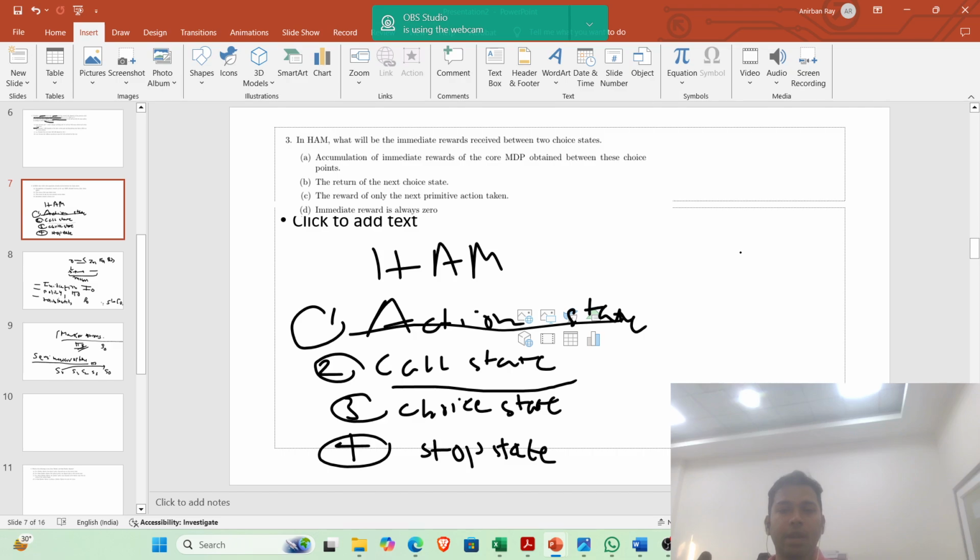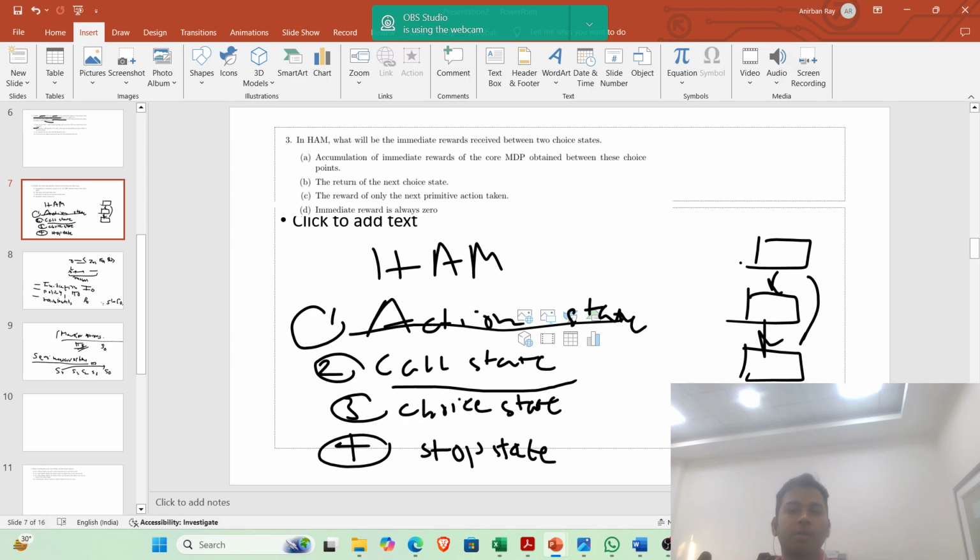In this we have several smaller problems arranged in a hierarchical way. Call state defines that when you reach this state, you have to call another smaller, hierarchical machine, and that machine will take whatever action or call it wants to take.